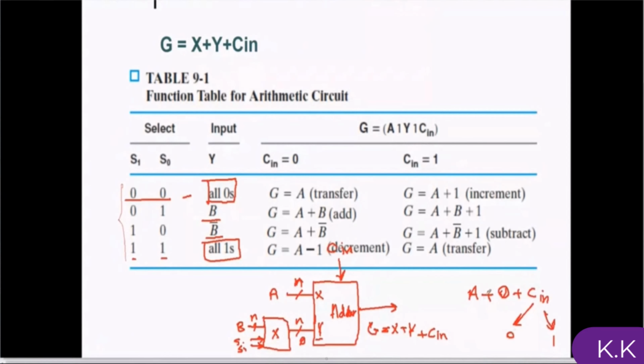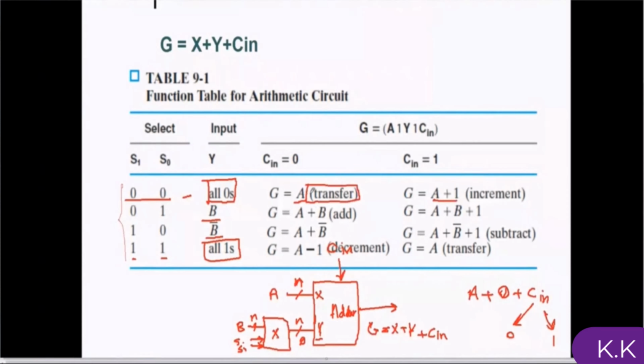A is the same as the input, so we call this operation transfer. The input A is transferred to the output of the ALU. This is not an actual operation, but we need it sometimes.